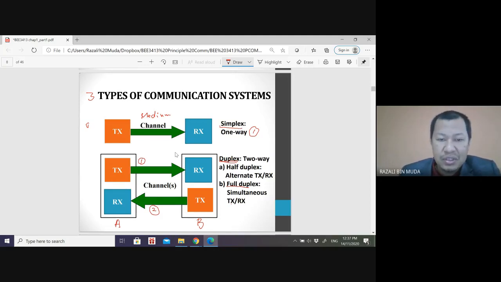Only one person can talk at one time, and the other has to listen. Full duplex is like a telephone, where you can both talk and receive at the same time.